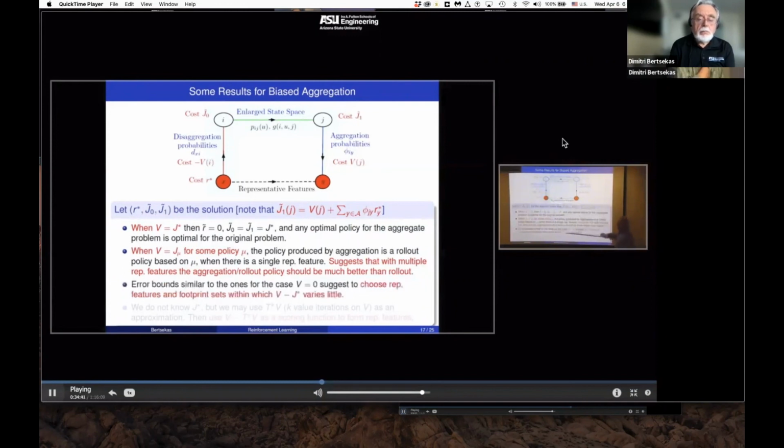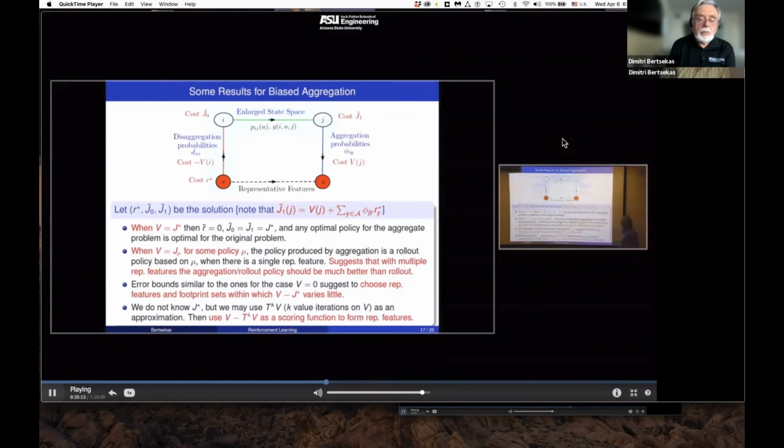There are error bounds also, similar to the case where V is equal to 0. They suggest choosing representative features and footprint sets within which V minus J star varies little. Not just J star, but V minus J star. I'd like to use V minus J star to construct representative features, but I do not know J star.